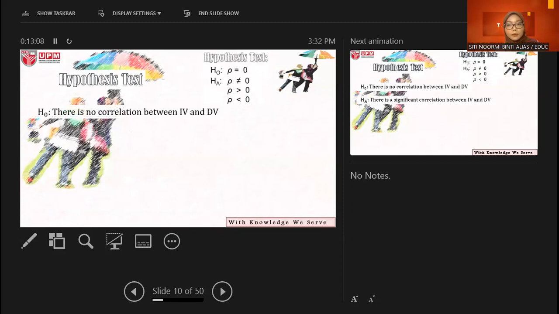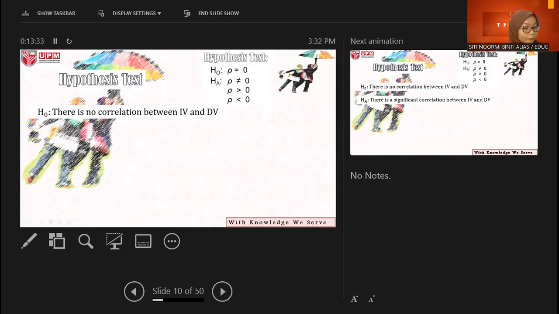Okay, so last time when you attended your statistics class, you represented your hypothesis for Pearson product moment correlation analysis by using rho. The null hypothesis is rho equals 0, and the alternative hypothesis might be 3 options: rho not equal to 0, rho larger than 0, or rho lesser than 0.